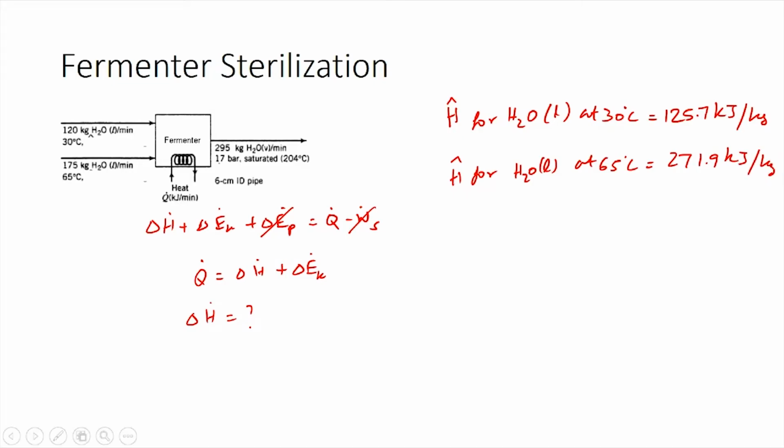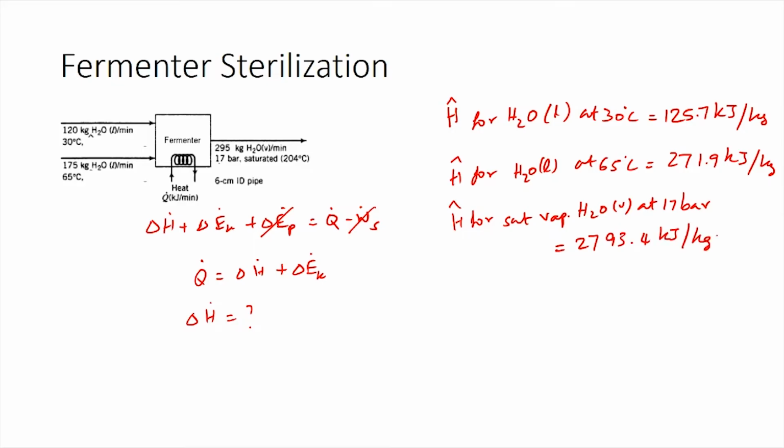Looking at the saturated steam tables, we get the specific enthalpy for saturated vapor, which is water at 17 bar, as 2793.4 kilojoules per kilogram, and the temperature is 204 degrees Celsius. Having these values we can calculate delta H dot.